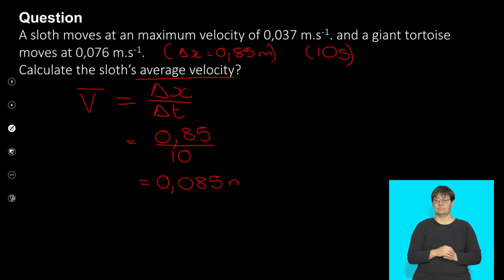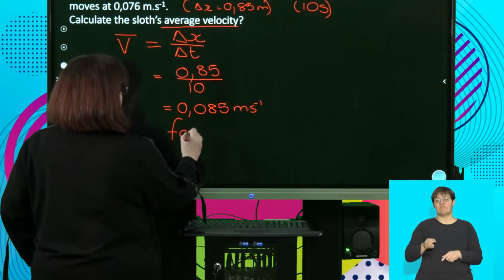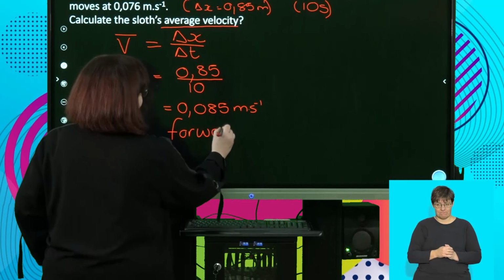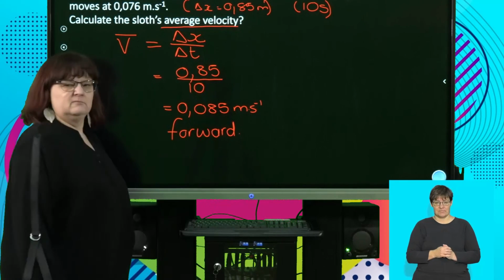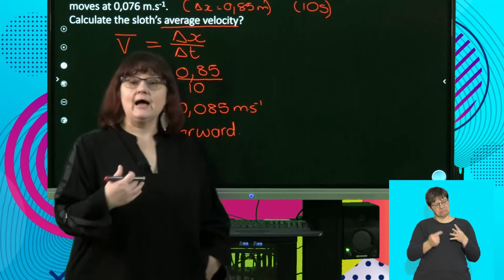And it's meters per second, so the average velocity of our sloth as it's getting to 0,037 is 0,085 meters per second, okay? But it's a vector, which means I need a direction, and we're going to assume it's going forward. Really not so bad. So now we know a whole bunch of information about the sloth.